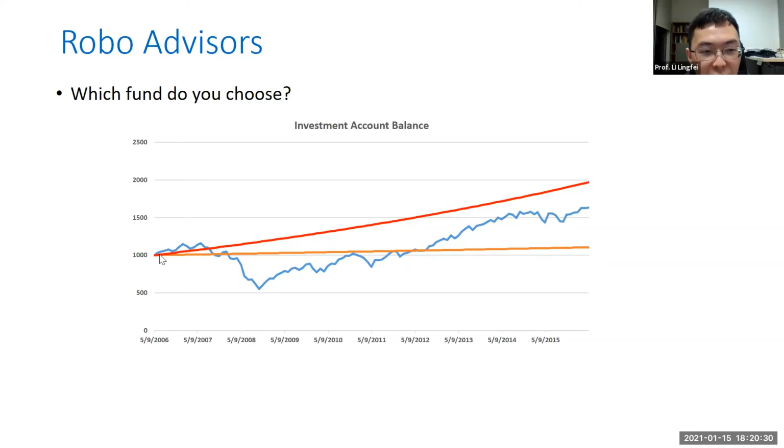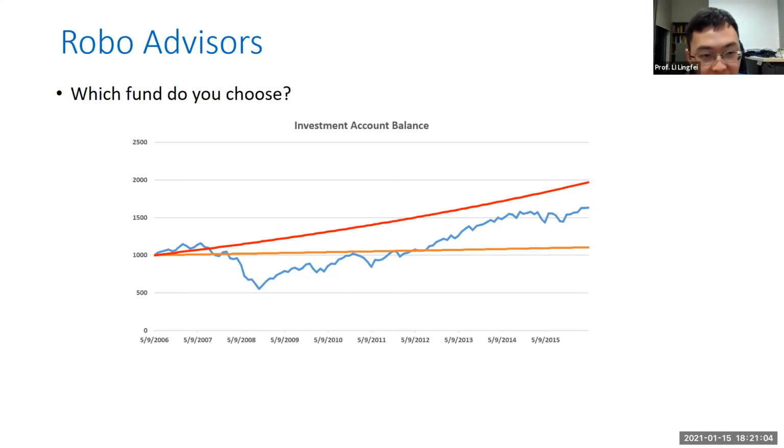The balance of the red fund grows steadily, and it grows at a faster rate than the orange fund. The orange fund also grows steadily, but at a much slower rate. For the blue fund, you see that the balance fluctuates a lot. Initially it goes up, but then it declines and even drops below 1,000, and it continues to decline.